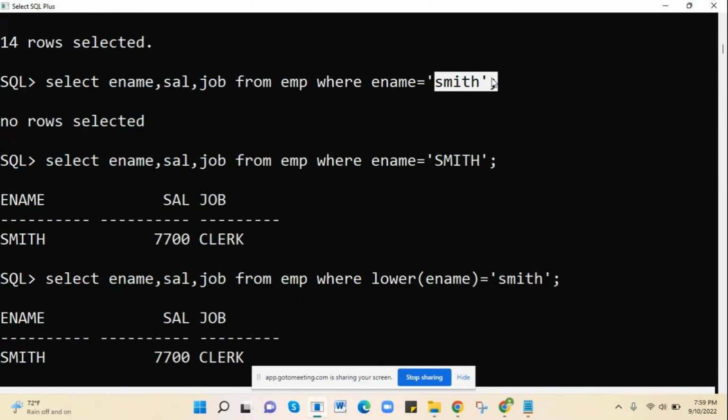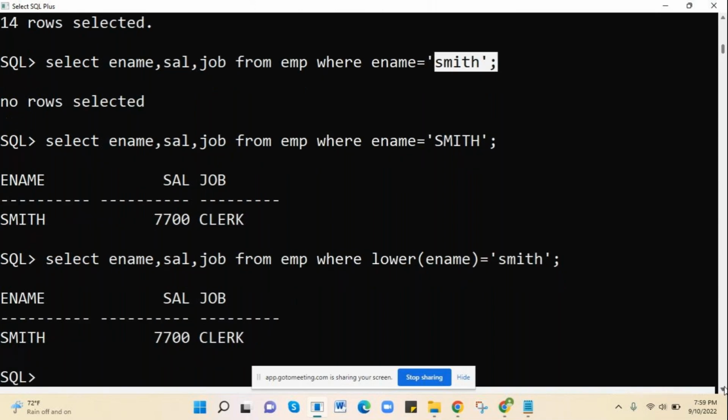Okay, because the Oracle server does not know whether it is Smith or Ford or King. It will check the character. Here it is a small s, but here it has a capital S. It has a different ASCII number.